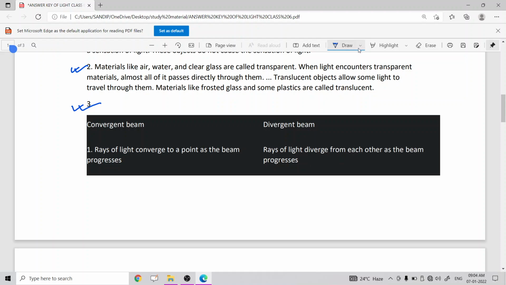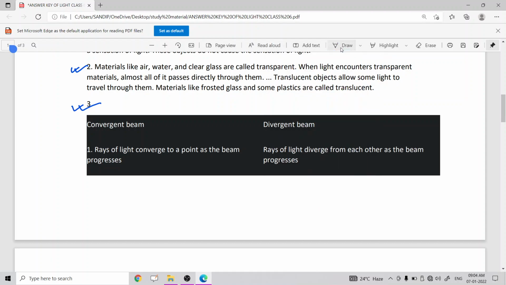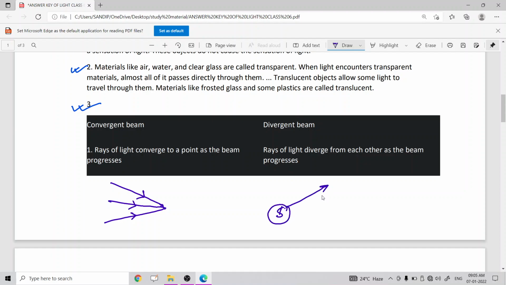If we draw here, for the convergent beam, different rays of light converge to a point. And for the divergent beam, suppose we take a source of light, then from this source we get diverging light.